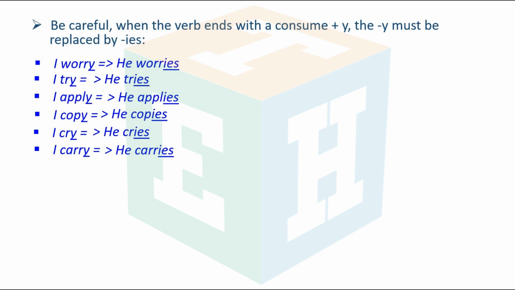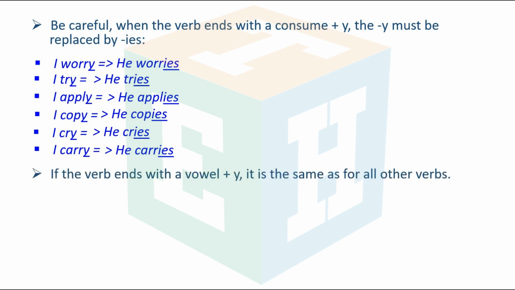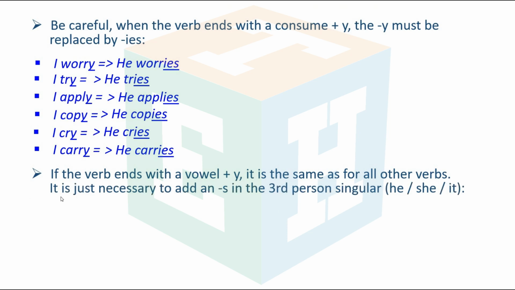If the verb ends with a vowel plus y, it is the same as for all other verbs. It is just necessary to add an s in the third person singular: he, she, it.